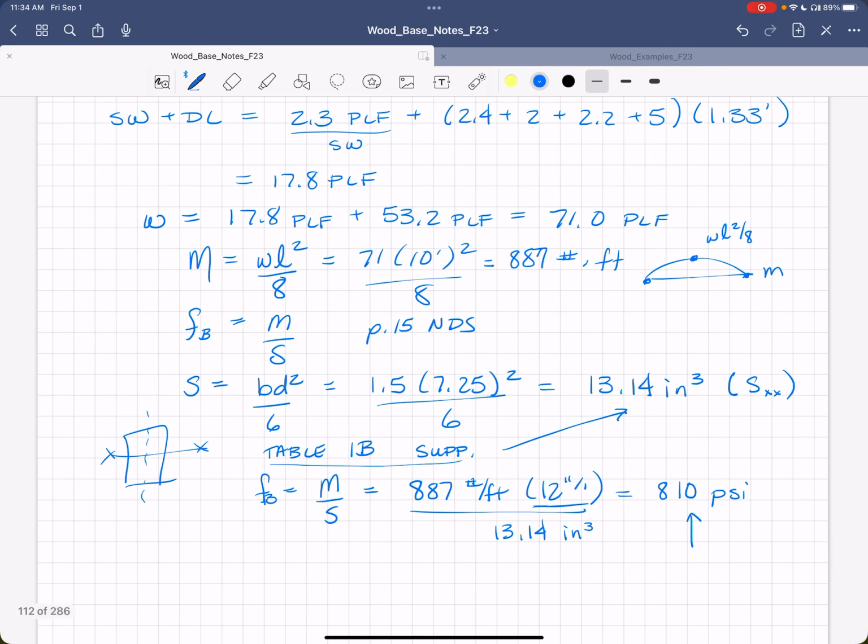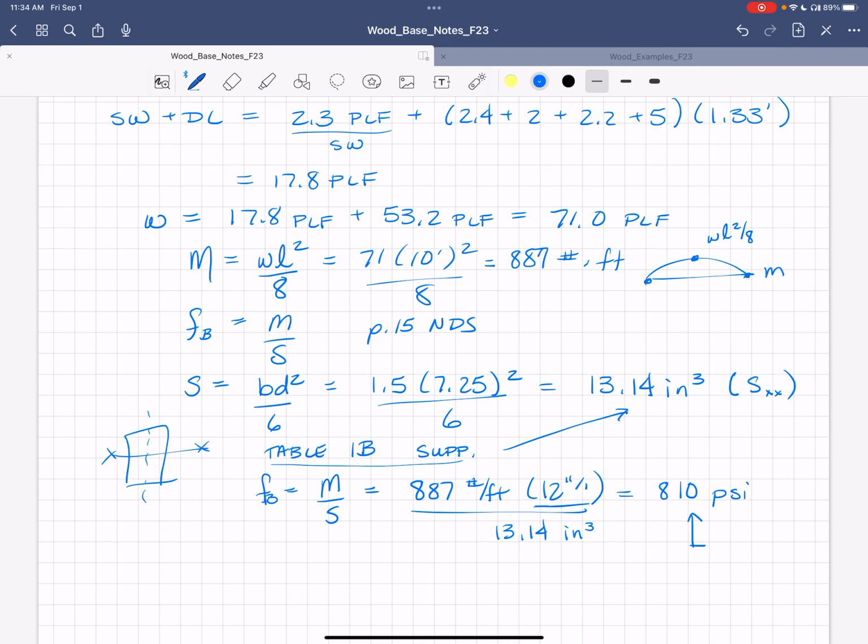And that is our demand, or the max allowable bending stress. Yeah, I should probably not shortcut that one there. In other words, that's our demand side of the equation.